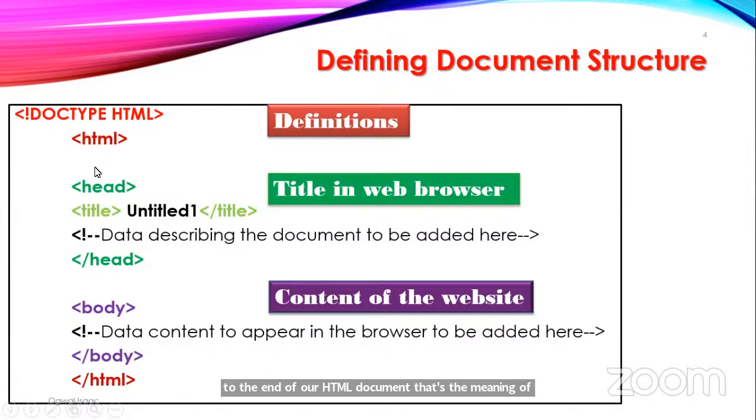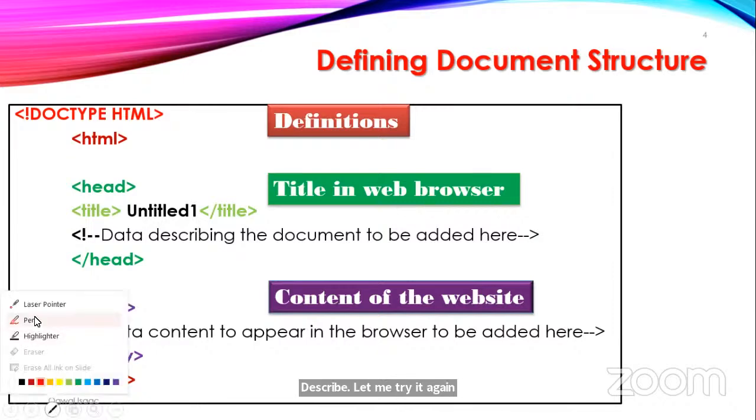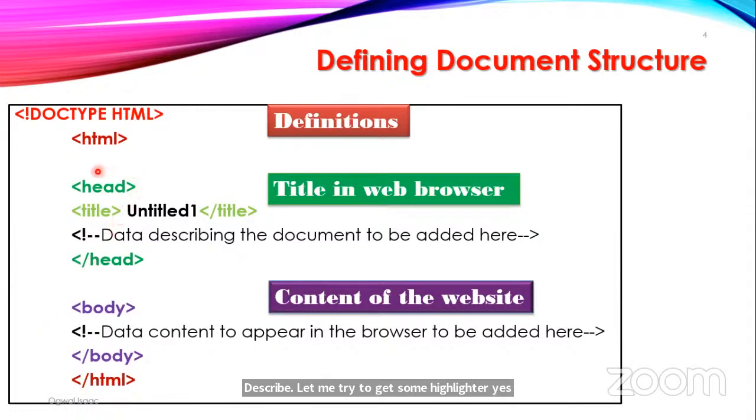So we go to this tag for head. Now, for the head tag, this one is to help us describe, let me get some highlighter, yes, this tag here, the head, is to help us describe the data, the data about our document. It is from this head tag that we are going to put the title of our document.